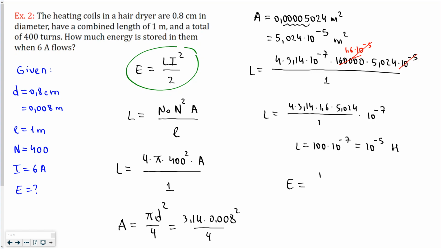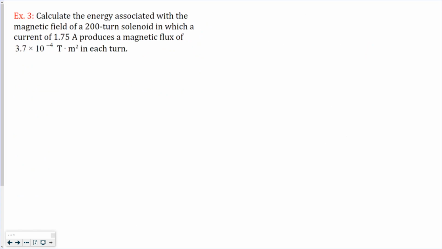Energy is equal to 10 to the minus 5, current is 6 squared, over 2, so this is 18 times 10 to the minus 5, and I can write in this form 1.8 times 10 to the minus 4 joules. So this is the answer, and let's move to the third problem. So what do we have here? Let's write the givens.